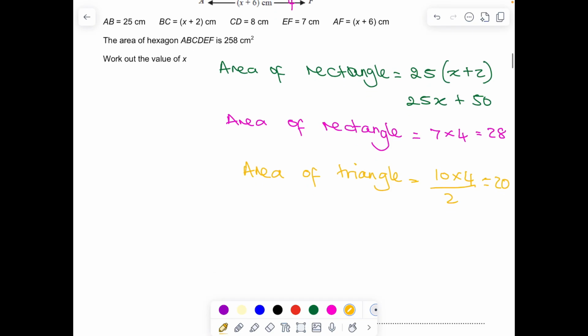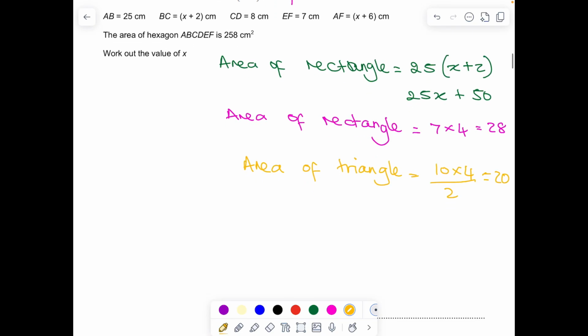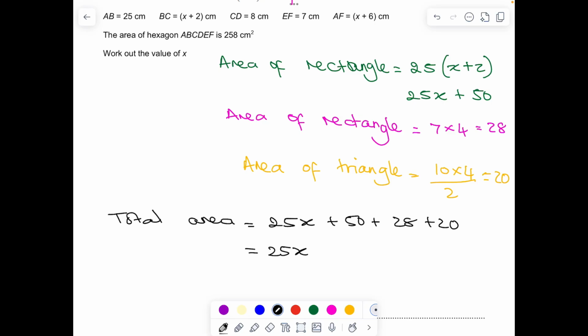And then we simply add them all up to find the total area. So total area equals 25x plus 50 plus 28 plus 20. And when you add them all together, you get 25x plus 98.